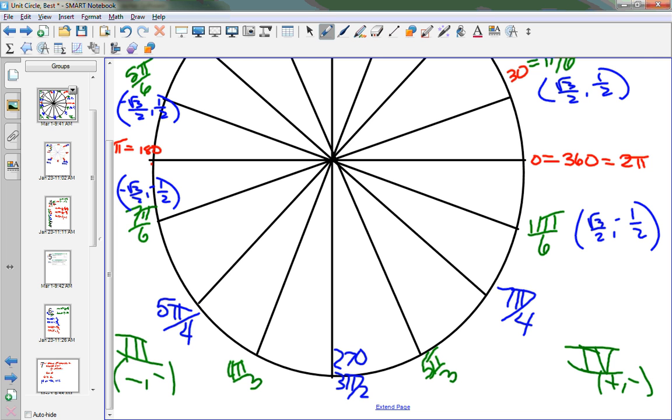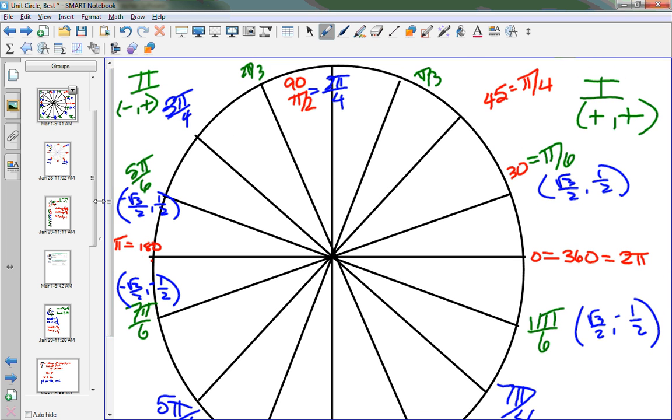Now how do I come up with my 60? It's opposite. So that's going to be the 1/2 comma the square root of 3 over 2, right? Now I go over in quadrant 2. What's going to happen in quadrant 2? Negative 1/2, square root of 3 over 2.